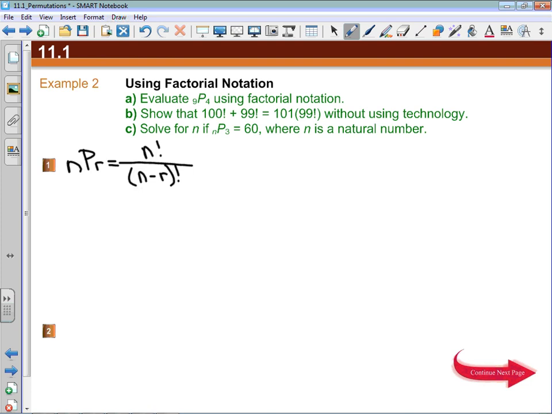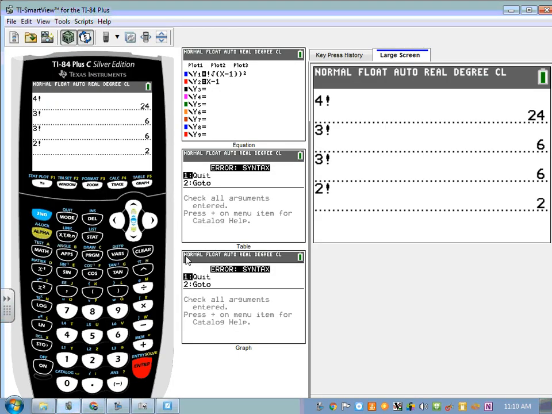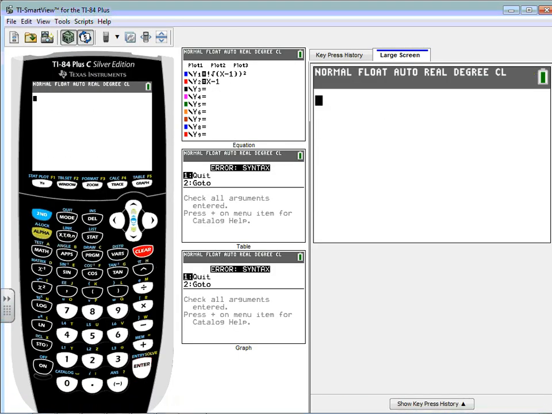All right, so A wants us to evaluate 9 pick 4. If we follow the formula to the left there, that is going to be 9 factorial over 9 minus 4 in a bracket factorial. Now, full disclosure, you have a button on your calculator. I'm going to show you that now, and I'll show you an algebraic way of doing this as well. To access that, what we do is type in n first.